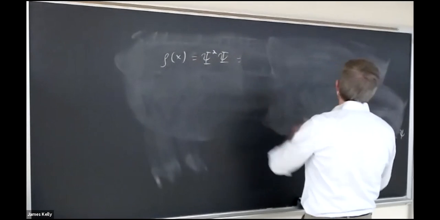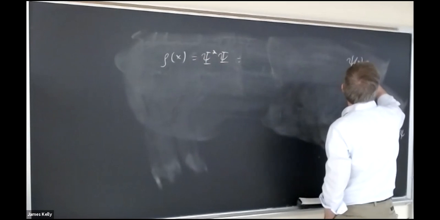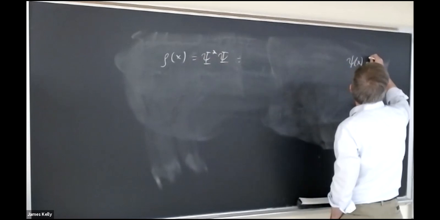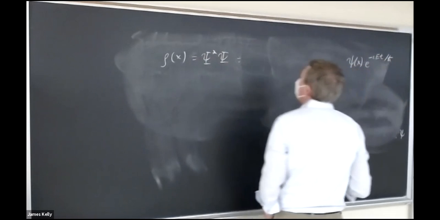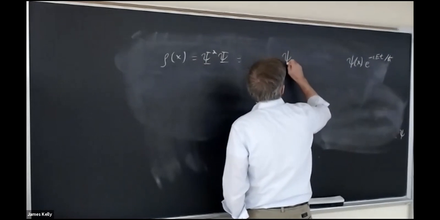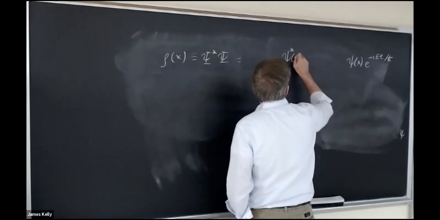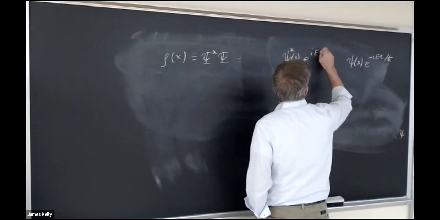Okay, so I'm going to write out psi first, and then we'll put a psi star next to it. Psi of x times e to the minus iEt over h bar. And psi star next to it is psi star of x times e to the plus iEt over h bar.